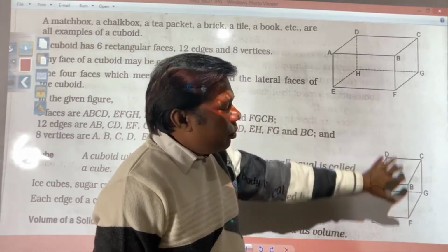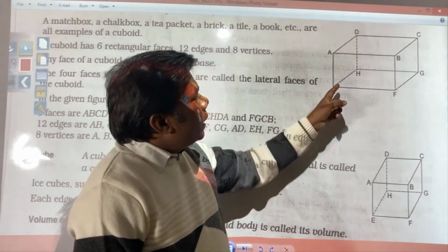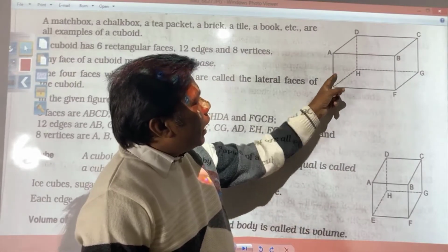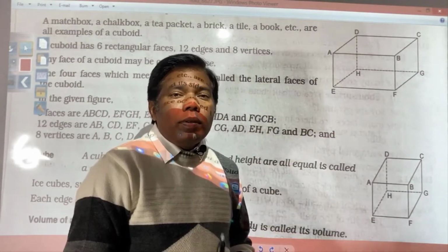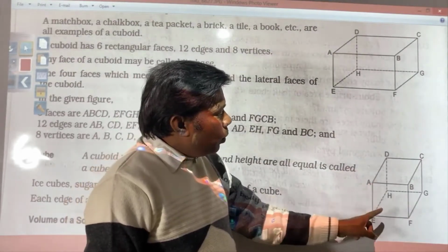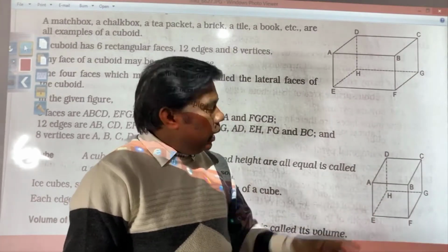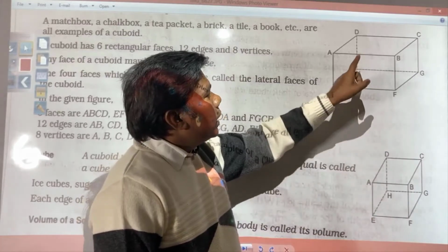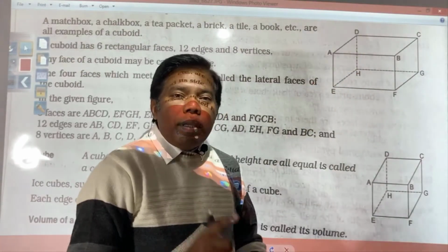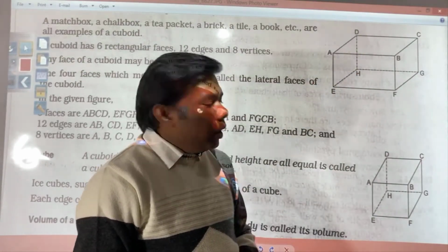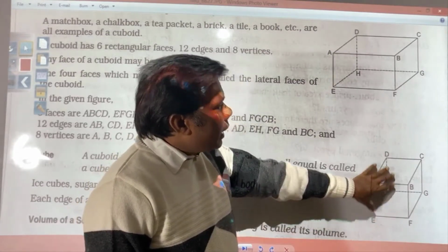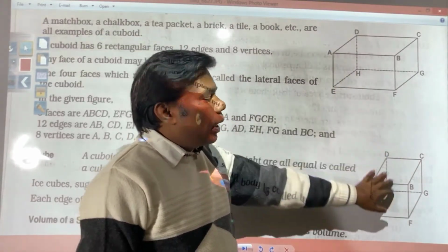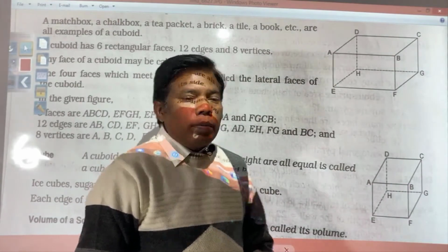Both are the same figure. The difference is that in a cuboid length, breadth and height may be of different sizes, but in a cube all will be equal. In a cube, length, breadth and height will be equal, but in a cuboid they may be equal or may not be. So all cubes can be said to be cuboids, but all cuboids cannot be said to be cubes. That you need to remember.